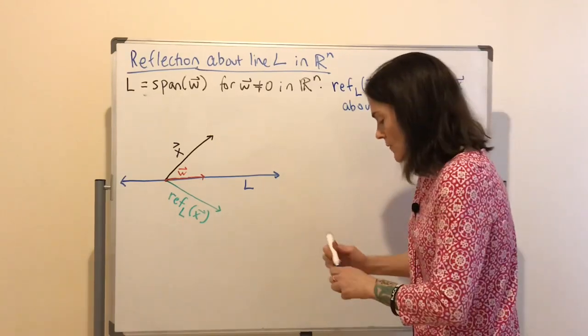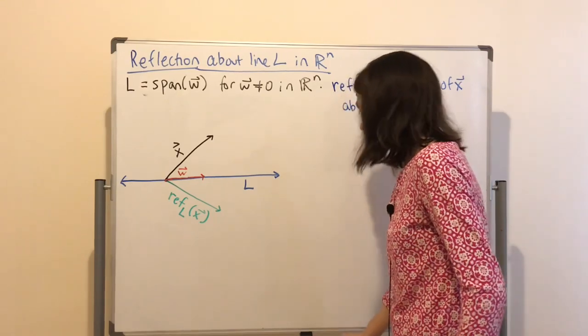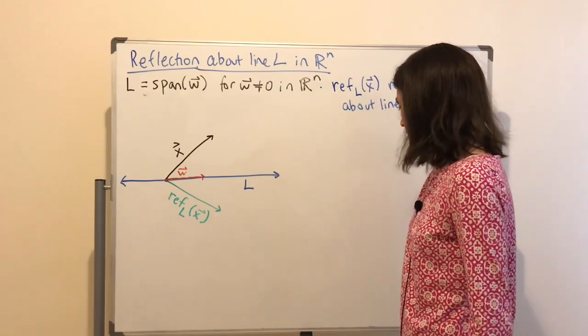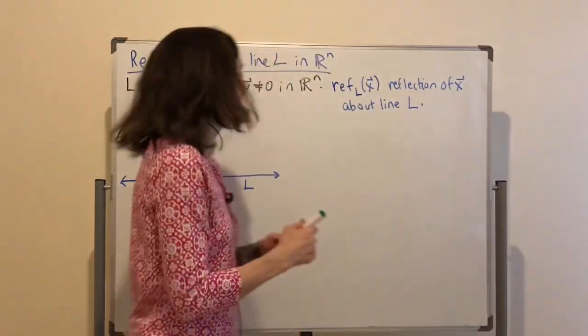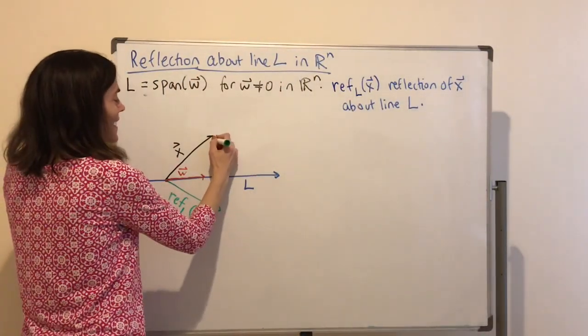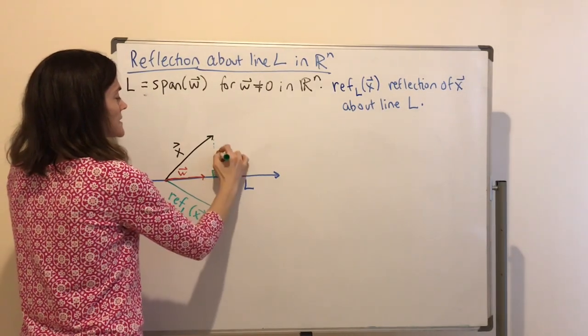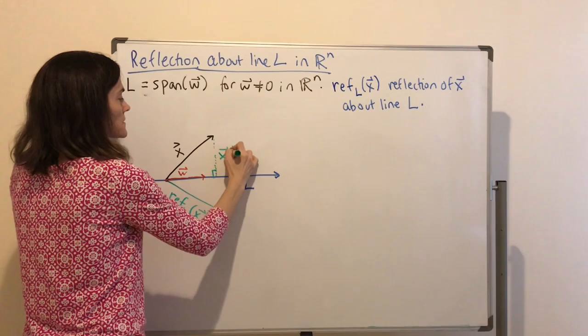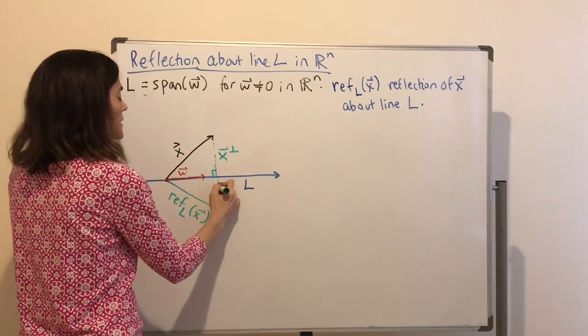And this is why we did orthogonal projection first. So what is this? Well, let's drop the perpendicular. Here, if we drop this, this is this component of x that's perpendicular to L.